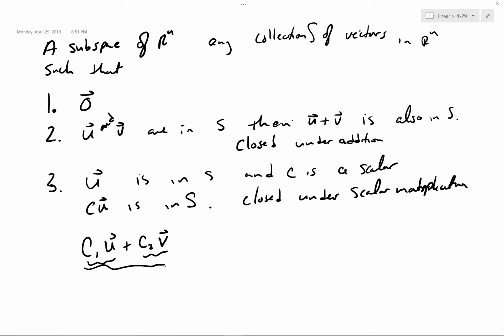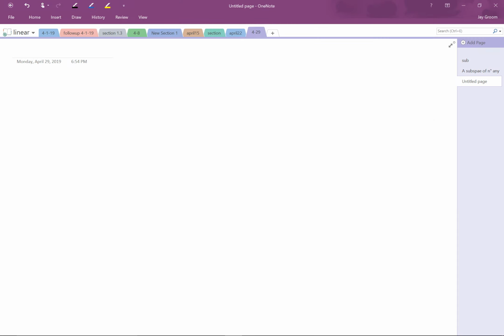So any collection of vectors where that is true will work. We're going to look at what that means in more depth, and I hope you'll see some examples of where it comes into play.